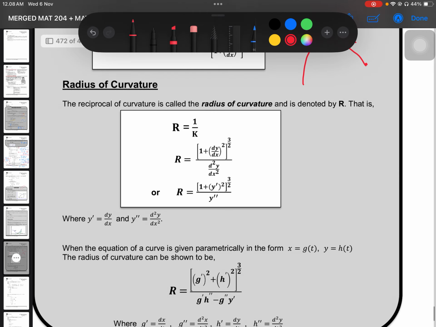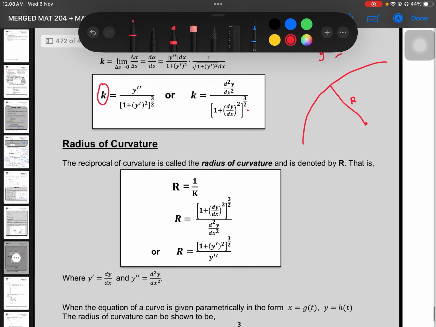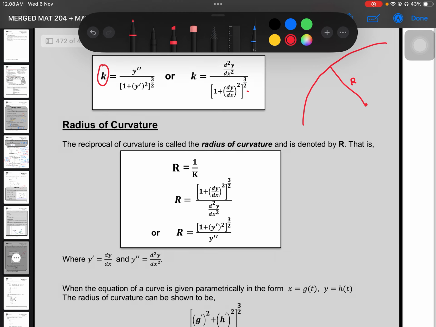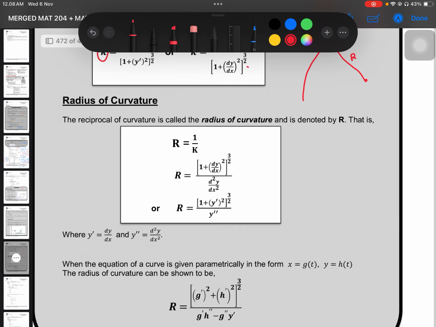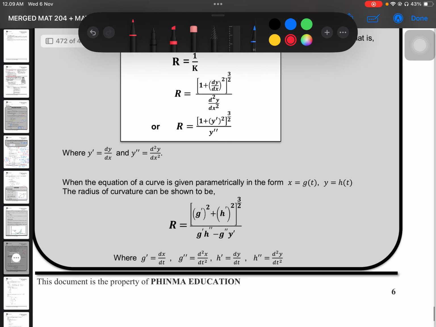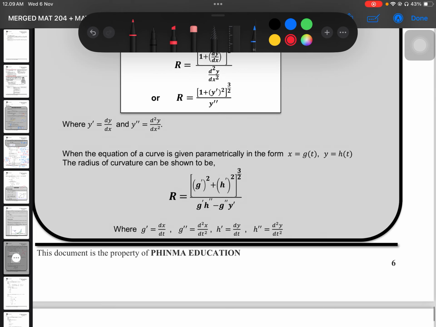Okay? So, radius of curvature is just the reciprocal of the curvature. Okay, so ibig sabihin, yung k, reciprocal lang natin, 1 over k. Okay, so r is equal to 1 over k. So, pinagbaliktad lang natin yung numerator and denominator. Okay? So, yun yung ating formulas.